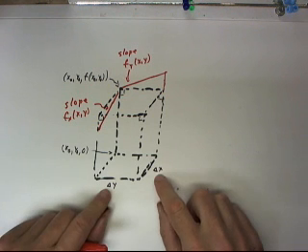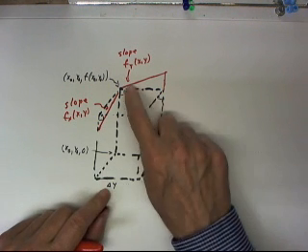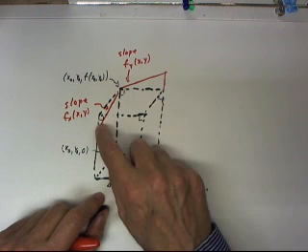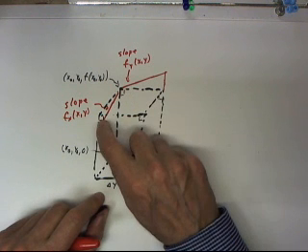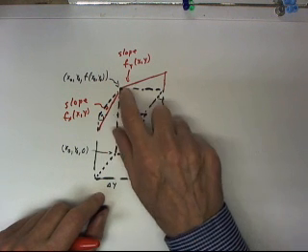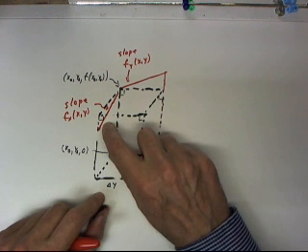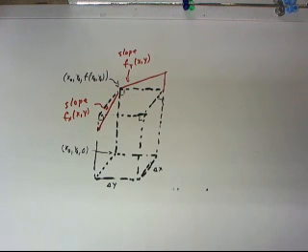Provided delta x and delta y are small enough, there's not going to be much curvature here, there's not going to be much curvature here. Although these lines are only an approximation, we don't expect to deviate from them by much.